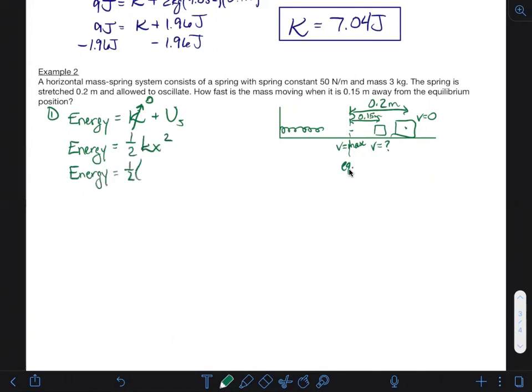Now, the spring constant is listed in the problem. It is 50 newtons per meter. And this extreme is at 0.2 meters away from the equilibrium position. So when I throw this in my calculator, I find that the total energy in my system is 1 joule.